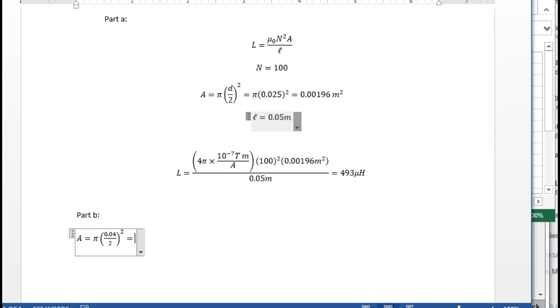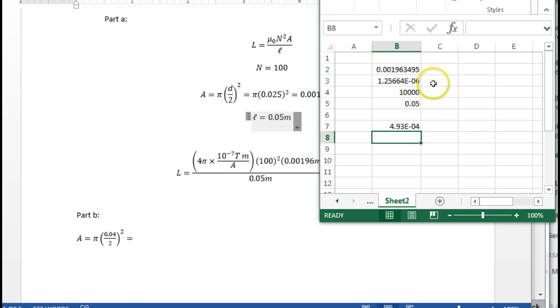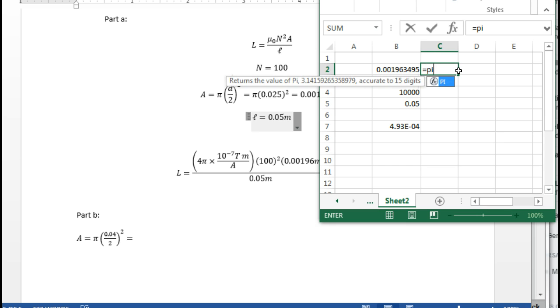And so what is our new area? Right? Equals pi times 0.02 squared.